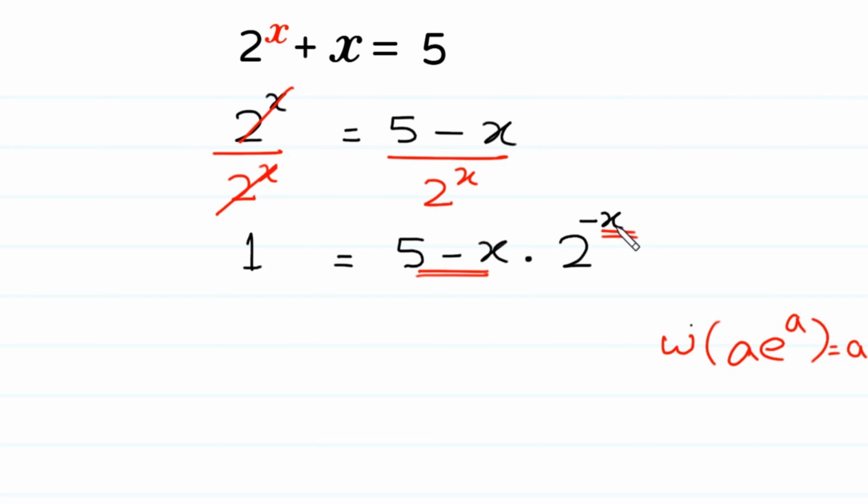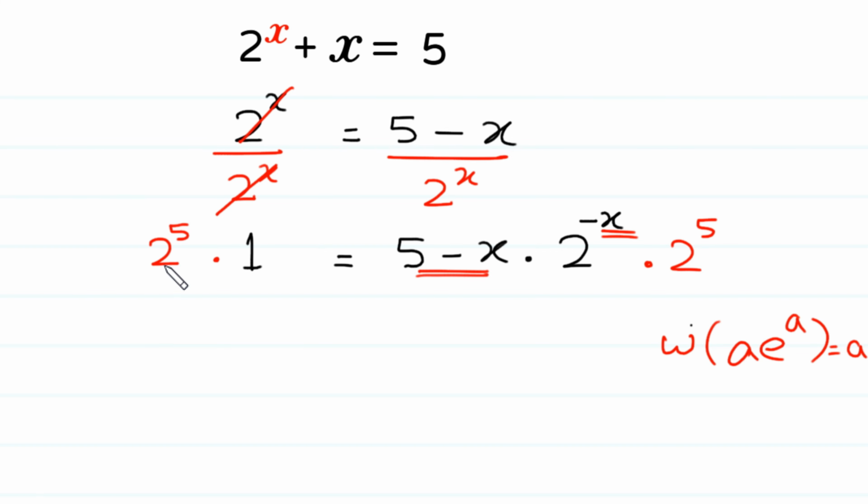To make this negative x same as this 5 minus x, we multiply both sides by 2 to the power 5. At right side multiply by 2 to the power 5 and at left side multiply by 2 to the power 5.